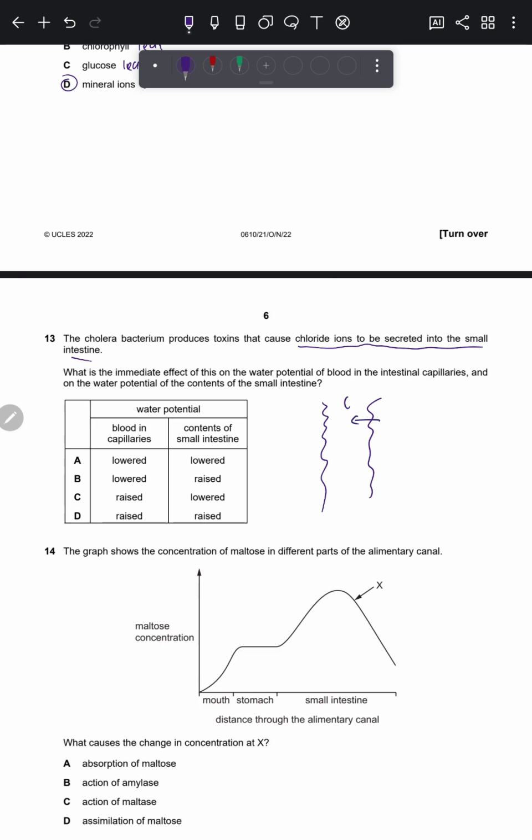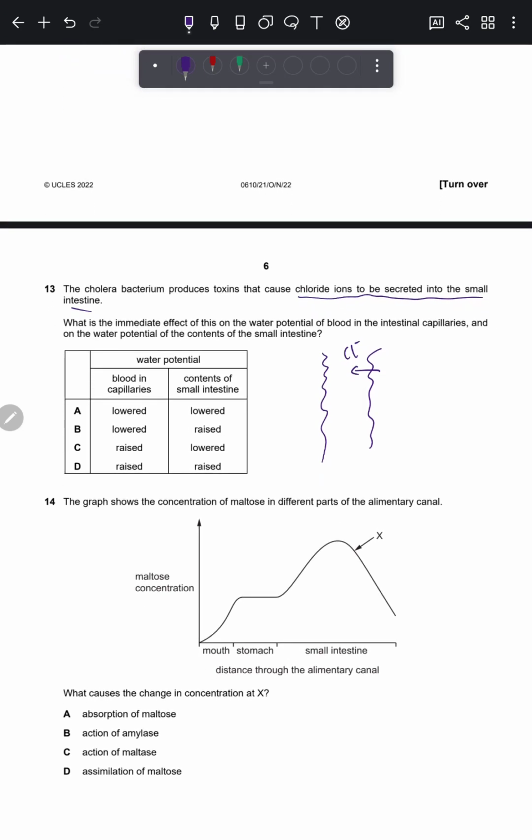So that means there's a high water potential here and a low water potential here. So water molecules will also move into the small intestine. So water potential in the blood capillaries, which is here, would be lowered, and contents of the small intestine would be raised.